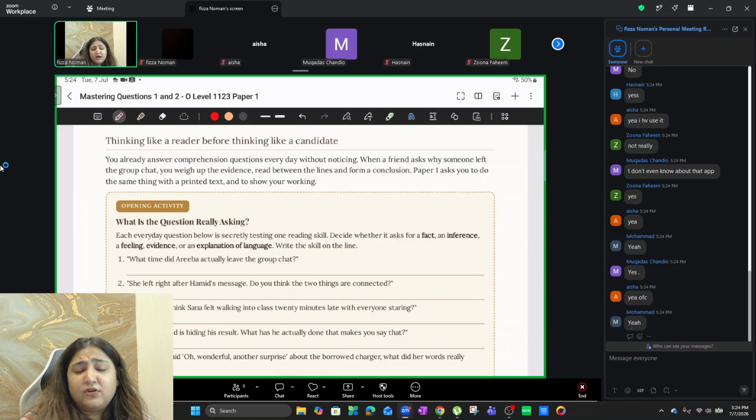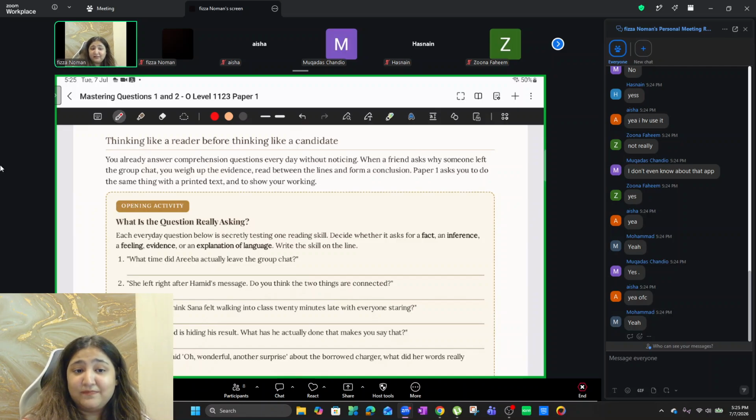You already answer comprehension questions every day without noticing. When a friend asks why someone left the group chat, you weigh the evidence, you read between the lines, and then you form a conclusion, unless you know the explicit answer. So, we are doing explicit understanding as well, and we are tackling implicit understanding as well.